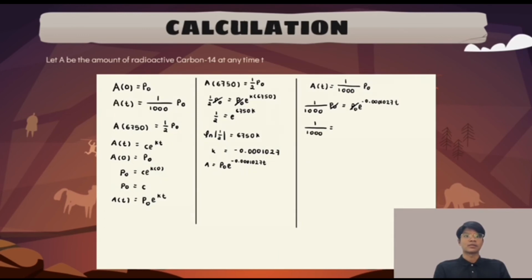Therefore, it becomes 1/1000 equals e to the power of negative 0.0001027 times t. We move the exponential from the right-hand side to the left-hand side. Hence, it becomes ln 1/1000 equals negative 0.0001027 times t. Lastly, we get t equals 67,261.49 years, where the final answer is the age of the fossil.